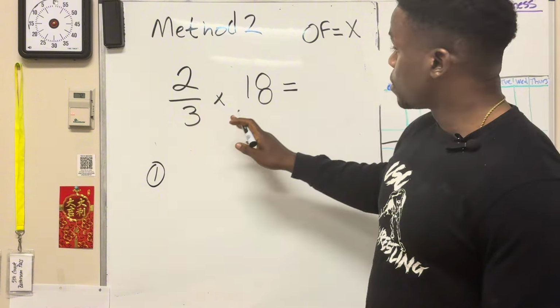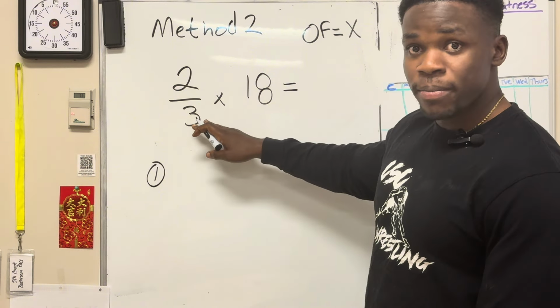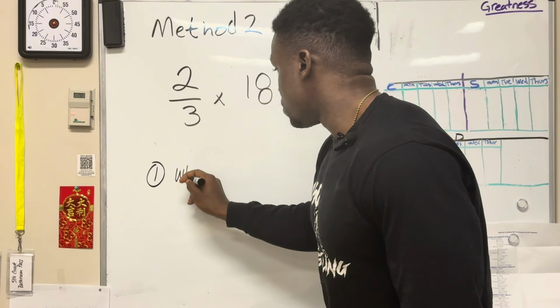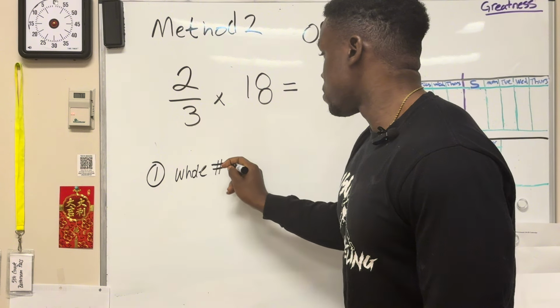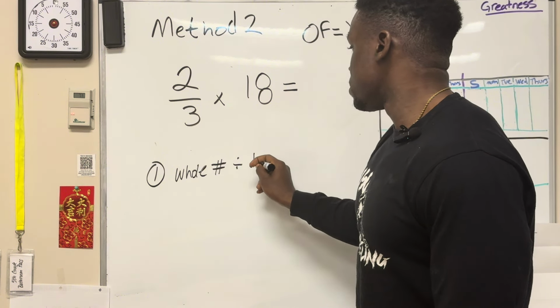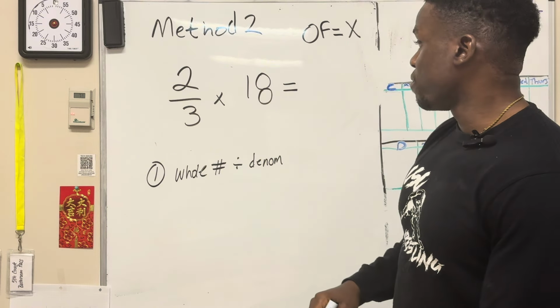is going to get my whole number divided by my denominator. Okay, whole number divided by denom. Okay, and I'll just abbreviate.